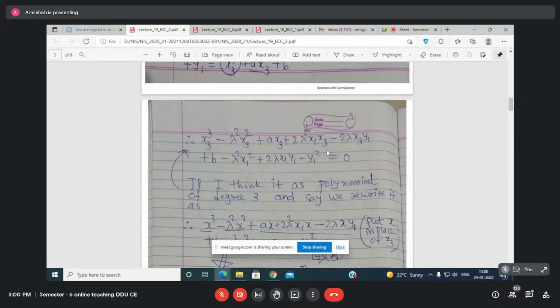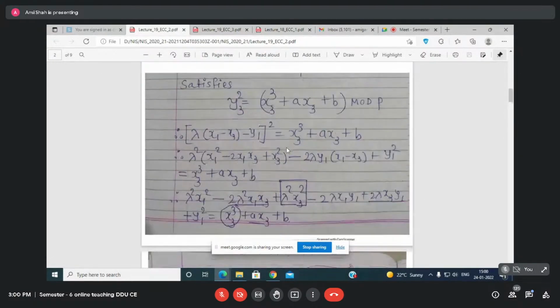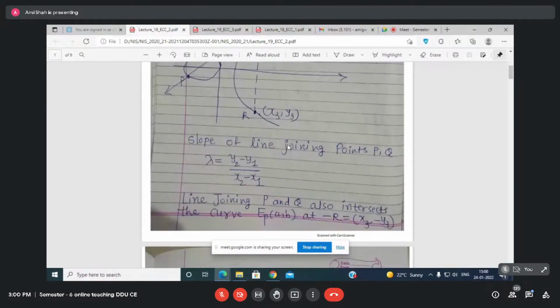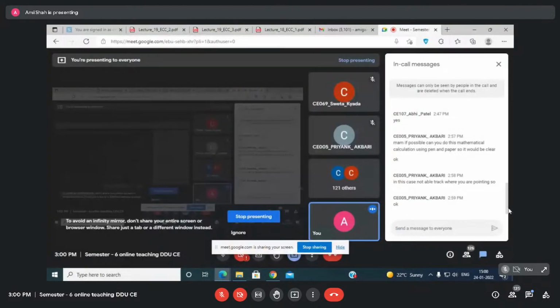So in examples I will do it that way, I will write using pen and paper and show you. But this is the theory part, where I explain how exactly you get this point. Each and every thing is not possible, otherwise your syllabus will not be finished, Priyank.